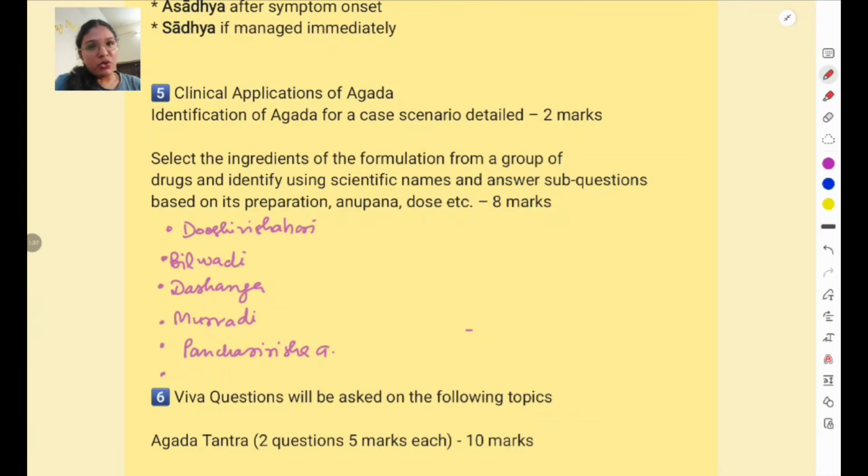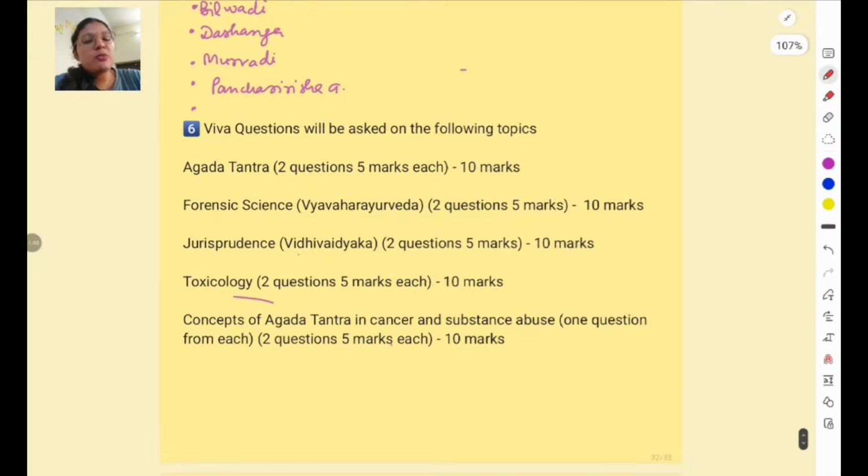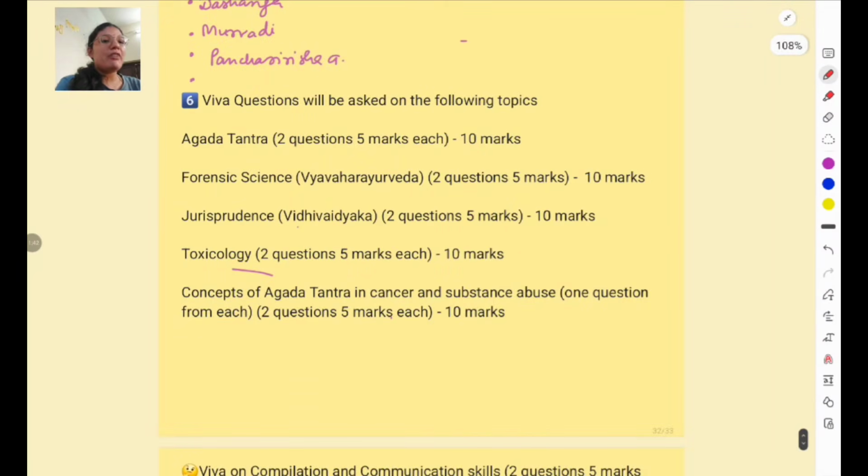The sixth portion is our Viva, and this Viva is of 60 marks. 10 marks are from Agadatantra basics, your syllabus that you wrote in your exam. The second is for forensic science or Vyavahara Ayurveda, then jurisprudence, Vidhi Vyakhyam and toxicology, and the concept of Agadatantra, and cancer and substance abuse, one question from each topic.